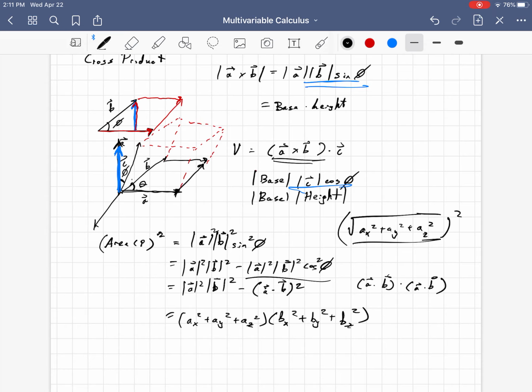And now vector A dot vector B, when I square that, in other words, I'm taking vector A dot vector B with itself. And so what I can then do is use the piecewise definition of the dot product.